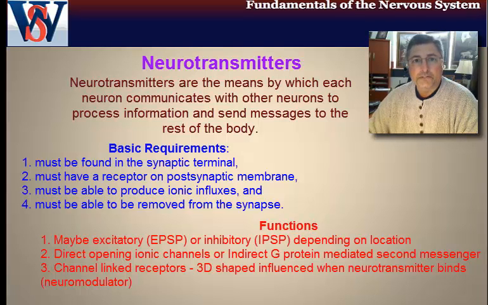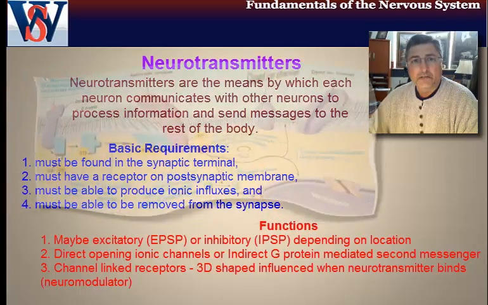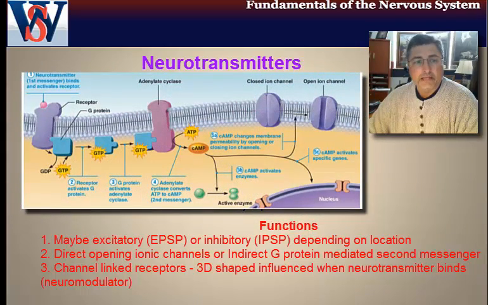Now, direct versus indirect: they can have a direct effect by opening or closing ionic channels. Indirectly, they typically will have an impact on G protein linked receptors and lead to things such as second messenger activities that we've looked at using G proteins.